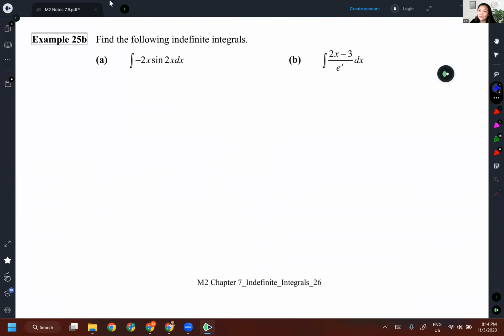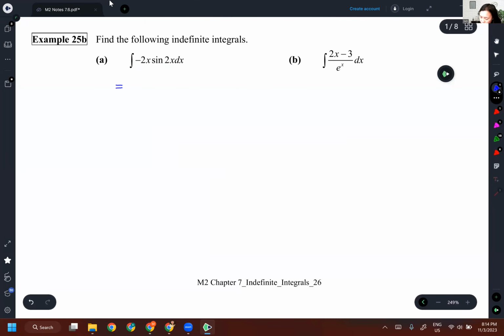Another example. It's the same kind of question, it's just more complicated. Okay. With this one, you still see a mixture. Do you see the mixture? When you see a mixture, most of the time you need to do that.